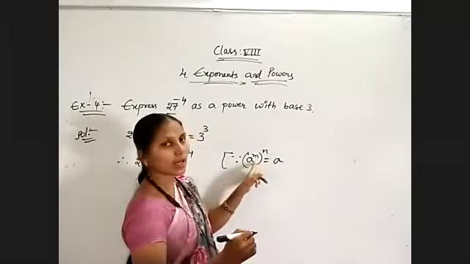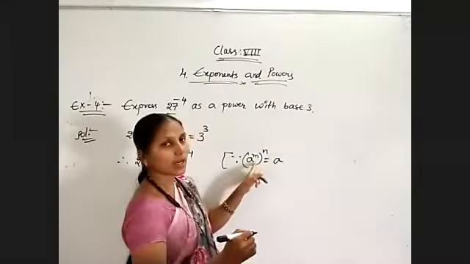Exponents will be multiplied. So here a value is 3, m value is 3, and n value is minus 4. That is 3 to the power of 3 4s are 12, that is minus 12, because plus into minus is minus. So 3 to the power of minus 12. We have expressed 27 to the power of minus 4 with base 3 and power minus 12. That's all.